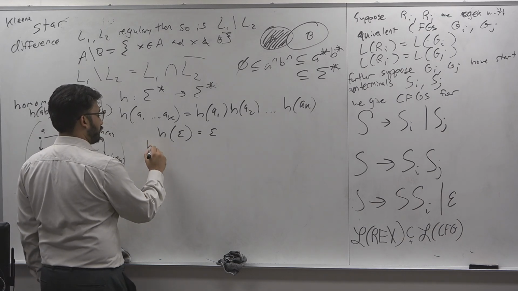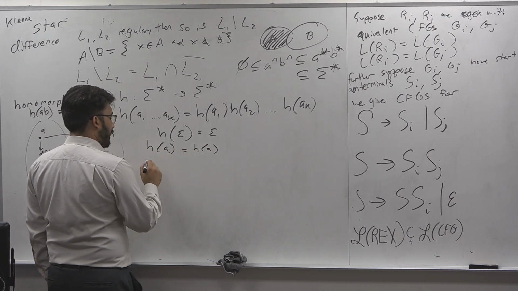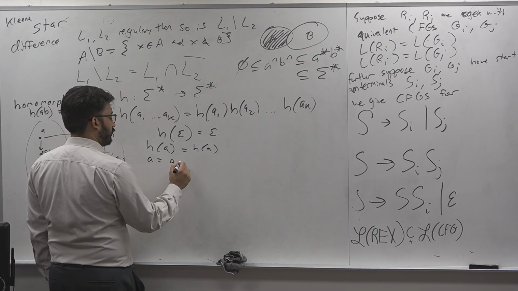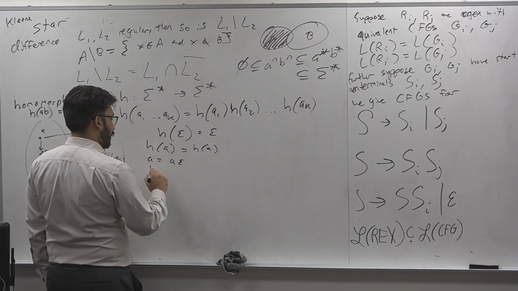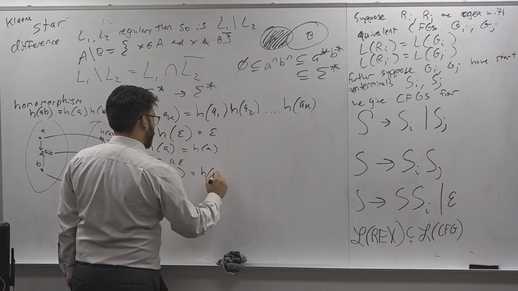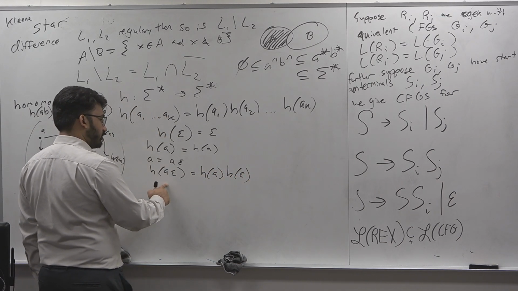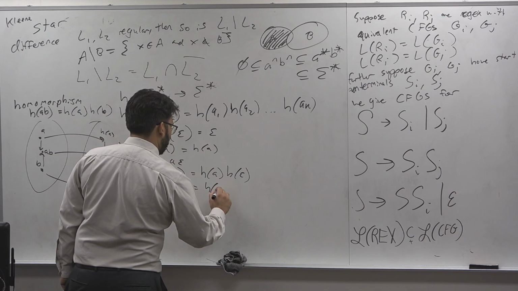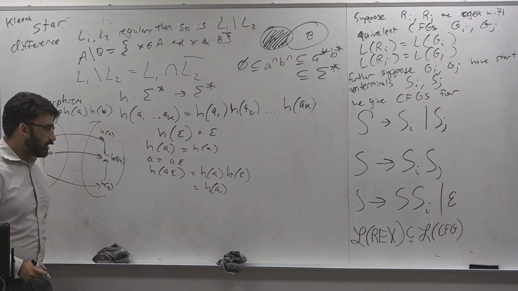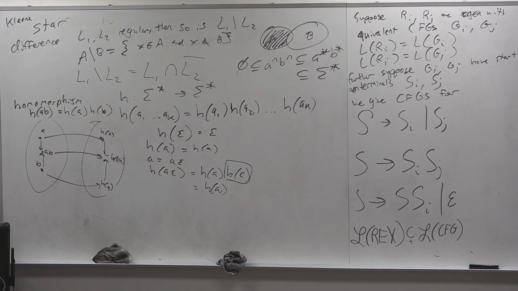Consider h of A is just h of A, right? But A is also A concatenated with the empty string. So h of A concatenated with the empty string is equal to h of A concatenated with h of the empty string. But we know this is also just equal to h of A. The only way that works out is if this is the empty string. It's an identity, like a multiplicative one. So that's one property of the homomorphism.